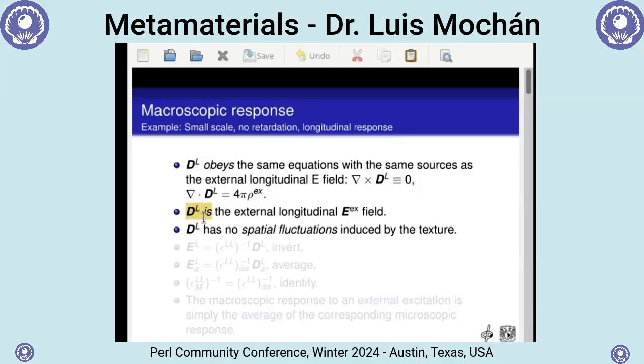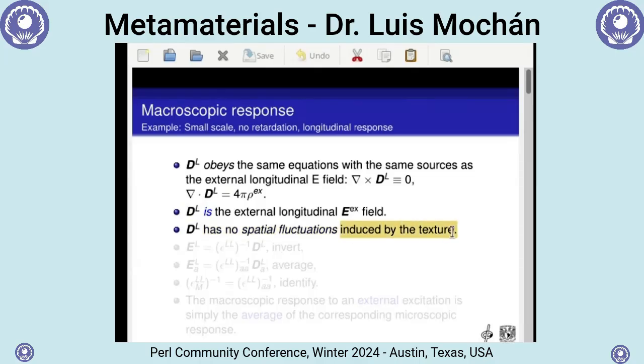So then we can identify the longitudinal projection of the displacement as an external field that is unrelated to the material. It has nothing to do with the material, so therefore it has no spatial fluctuations induced by the texture of the materials.